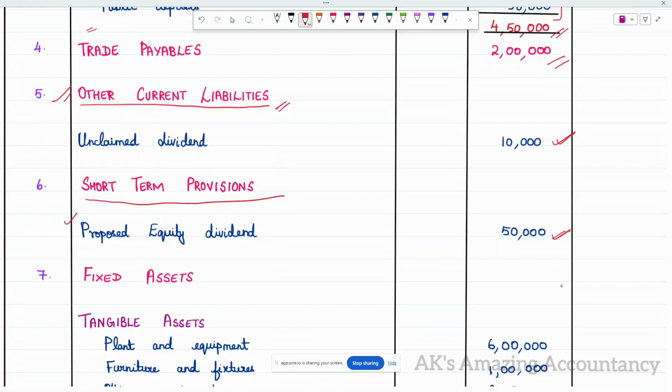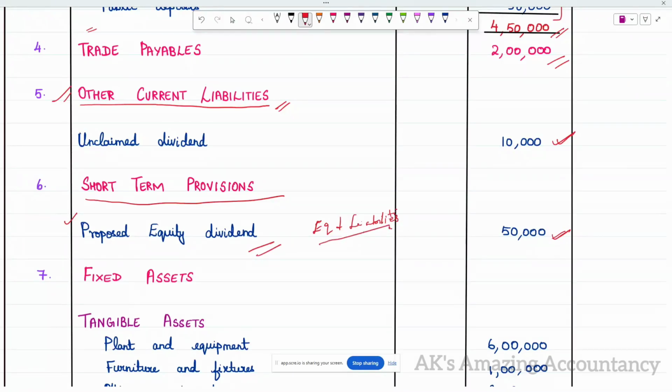So with note number 6, I should tell you that all notes relating to equity and liabilities have come to an end.